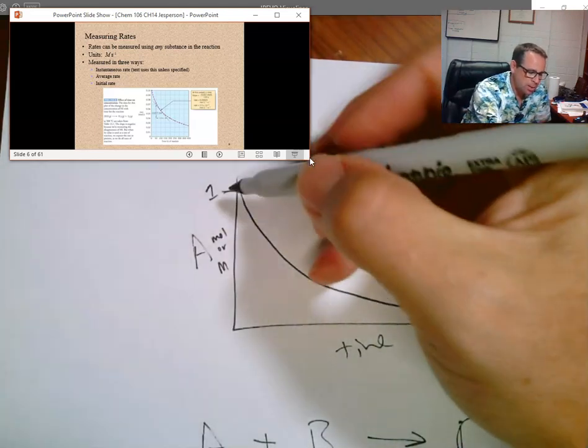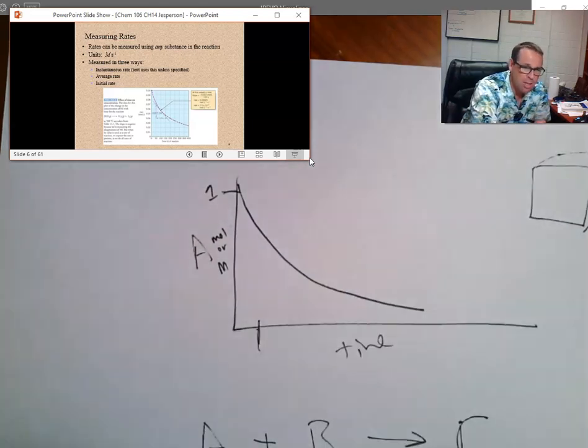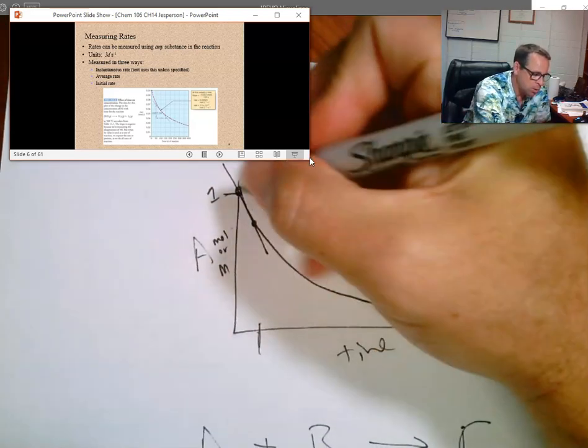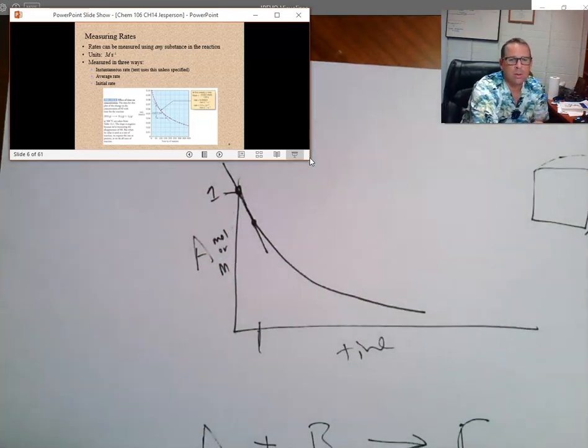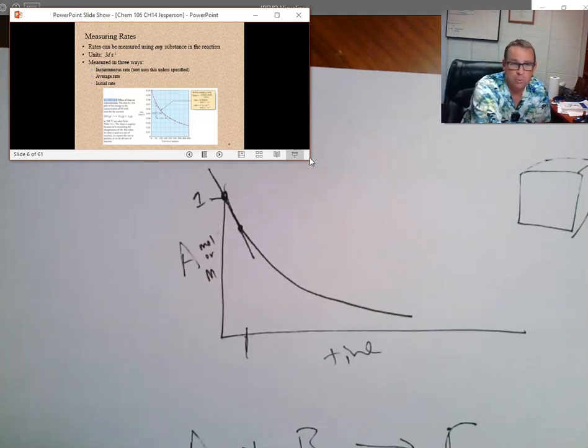So if I start off with 1 mole, let time proceed this much, and then find my new concentration, the slope between those 2 points can be used to define the rate at which the chemical is being removed.